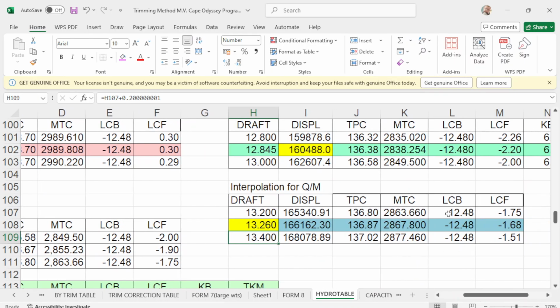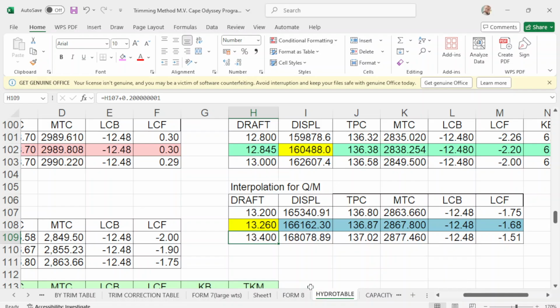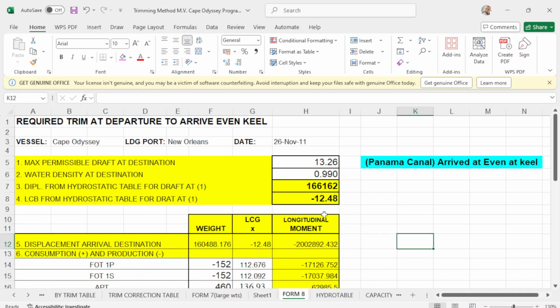So LCB is negative 12.48, which is this one, negative 12.48. So we go now to number 5.